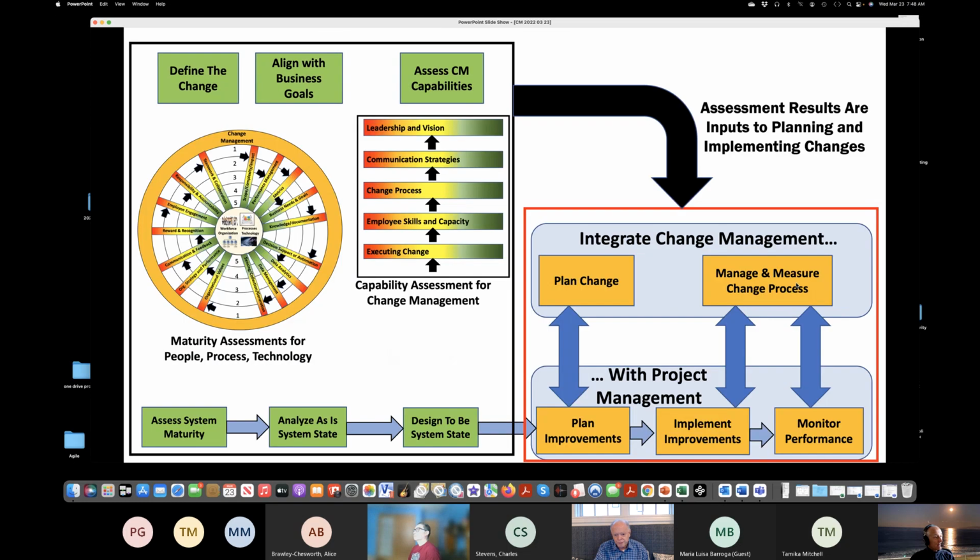And the last, in addition to these assessment tools for people, process, and technology, when we have this, it will be used in these later phases of improvement to plan improvements, implement and monitor performance. Our goal is to integrate these things in change management with the traditional project management activities, because both are processes for the best results.